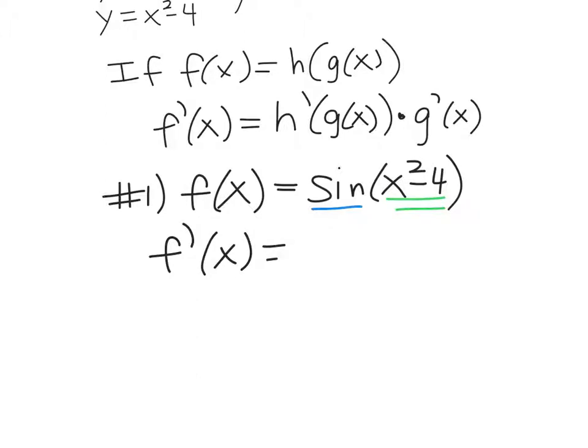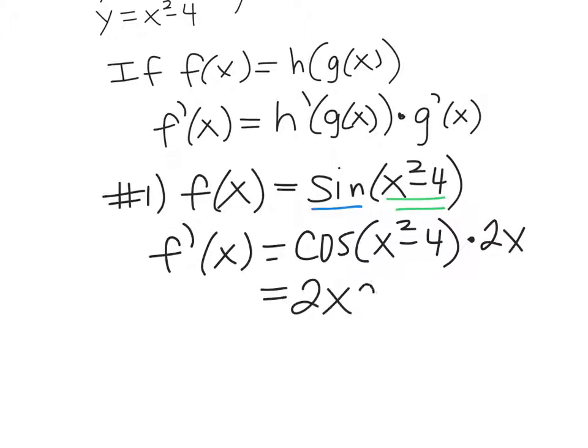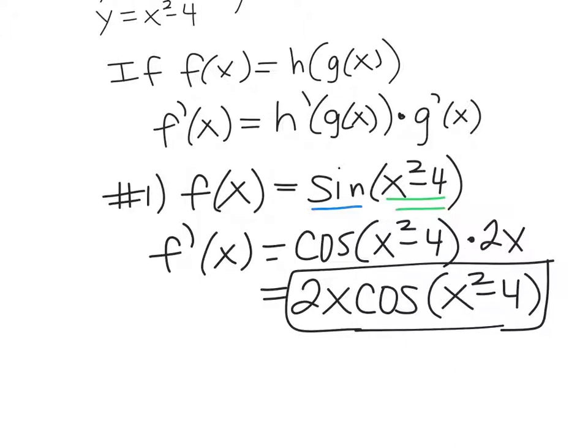F prime of x is equal to, you take the derivative of the outer function. So the derivative of sine of stuff equals cosine of stuff. Leave stuff alone, okay? Times the derivative of whatever's inside. And what's the derivative of x squared minus 4? 2x. And that's your answer. So you get 2x, we'll move that to the front, cosine of x squared minus 4. That would be it. Pretty good, huh?